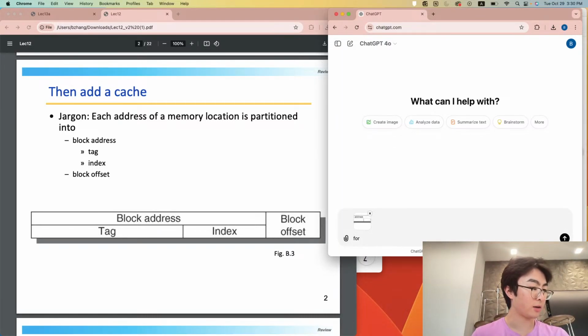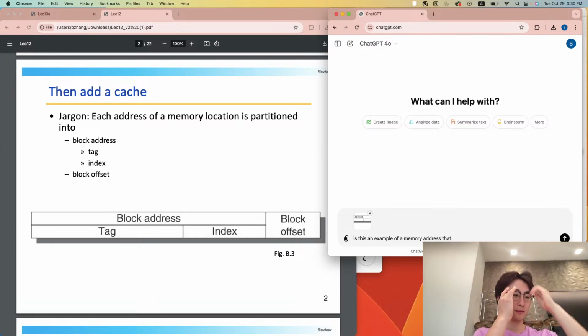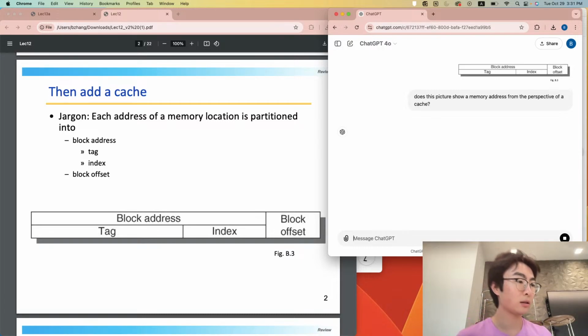So for a memory address, is this an example of a memory address, or does this picture show a memory address from the perspective of a cache? Let's see.